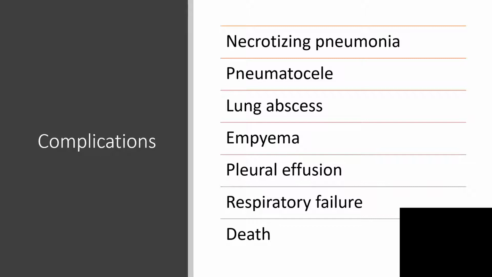Because the child could die from pneumonia. Death is possible. Pleural effusion is possible, on account of which the child will be in hospital for a long period of time. Also possible are respiratory failure, lung abscess, hematocele, or necrotizing pneumonia.